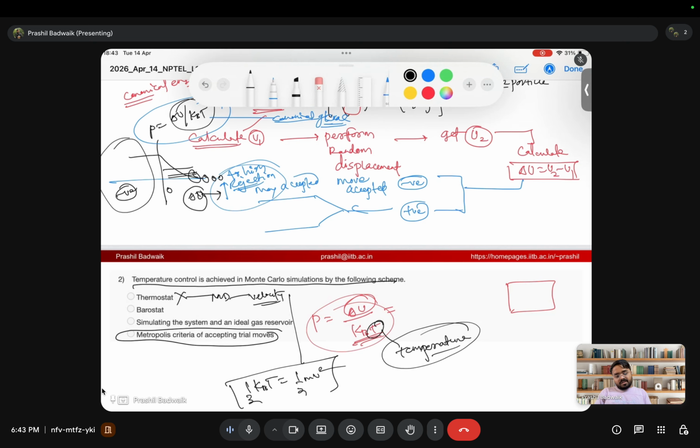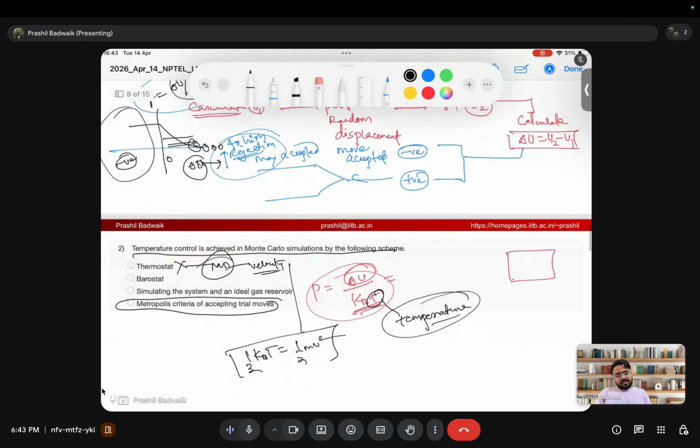This is the way we did it in MD, but in Monte Carlo that is not the case. It is through the Metropolis criterion of acceptance. So the answer to this question is option 4. Option 4 is the answer.